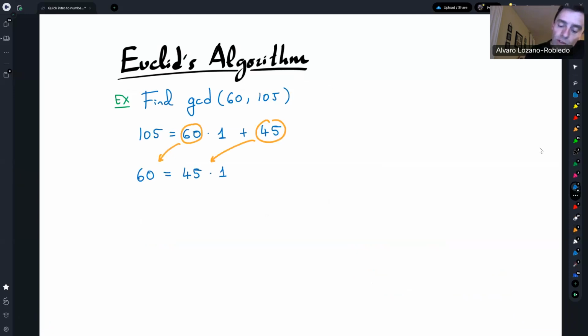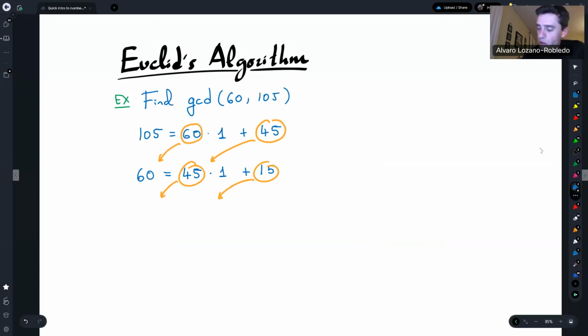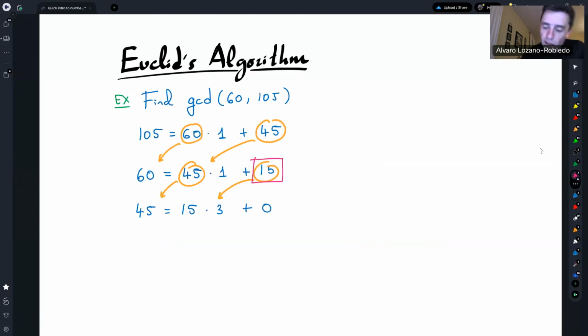That also goes once into 60, and the remainder is 15. Okay, so now do the same thing: take those numbers, do long division of 45 by 15, and now 15 times 3 is 45, so I get a remainder of 0. Then stop, and the GCD is going to be right here.